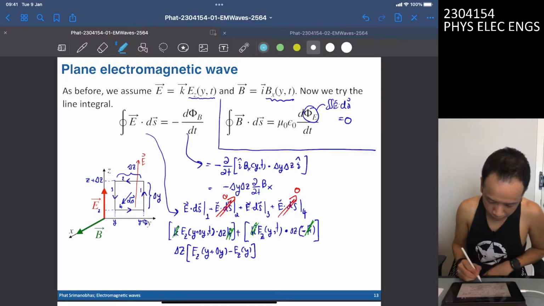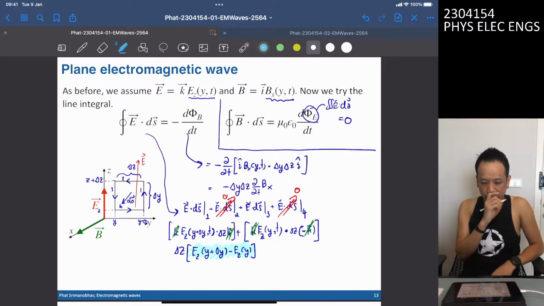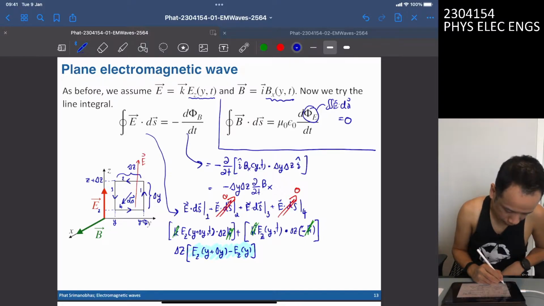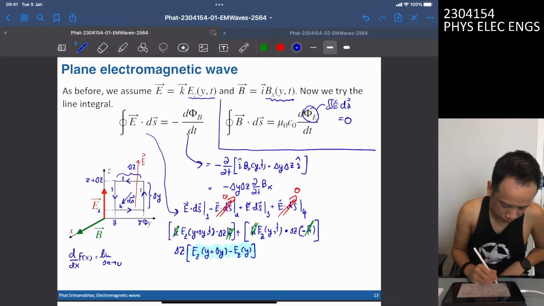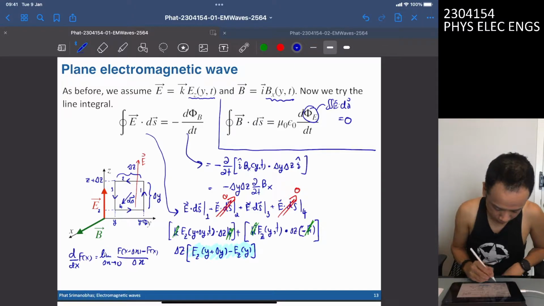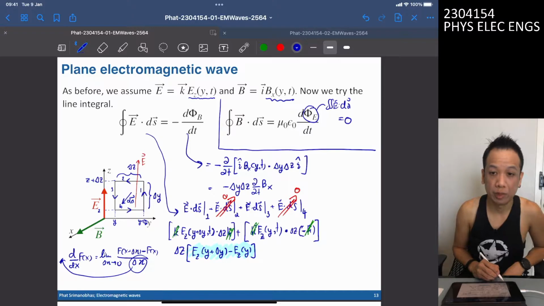Okay. This form looks familiar, right? This is the form we think about in the definition of the derivative, right? d by dx of f(x) equals the limit when delta x becomes 0 of f(x plus delta x) minus f(x), divided by delta x. So this function should be like delta c times the derivative.